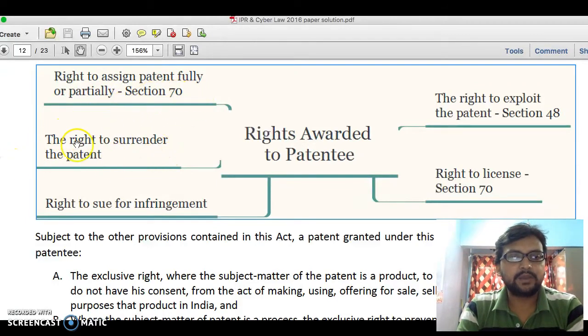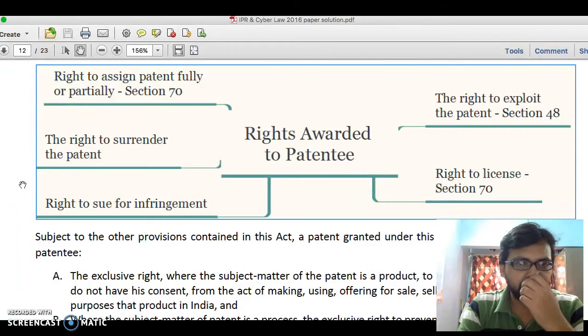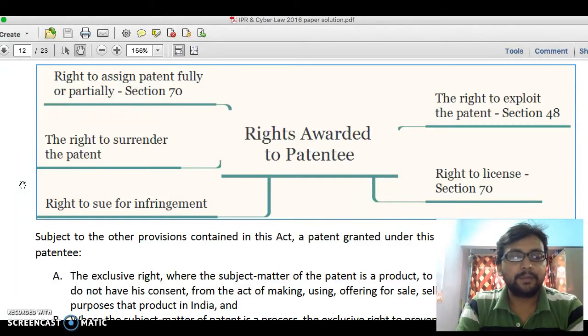That is also defined in section 70 only. Next is the right to surrender the patent. If in future I am not utilizing that particular idea, then I have full right to surrender my patent so that some other person can start using it. Mainly, a person surrenders their idea when the government wants it for public welfare. Suppose I have invented some medicine which can cure a cancer patient at stage 3 or stage 4, the last stage.